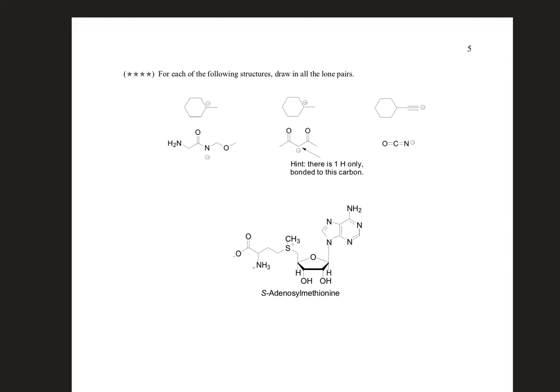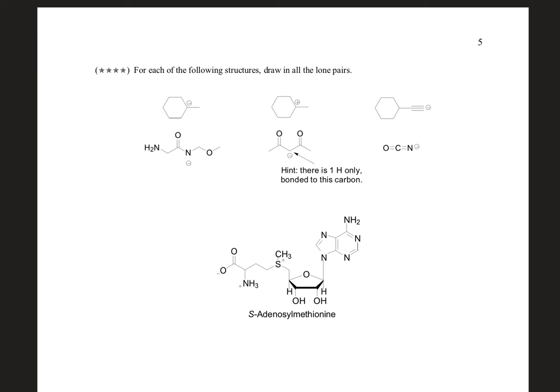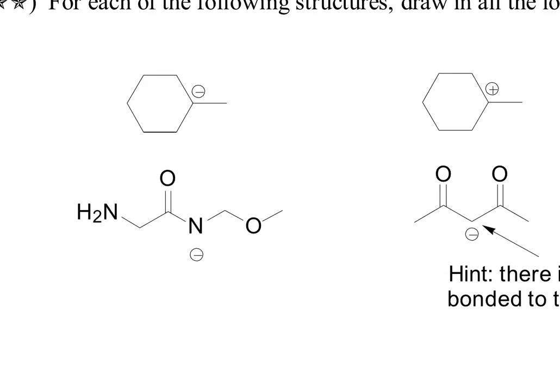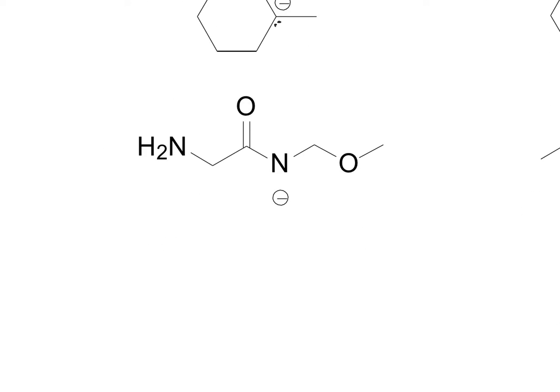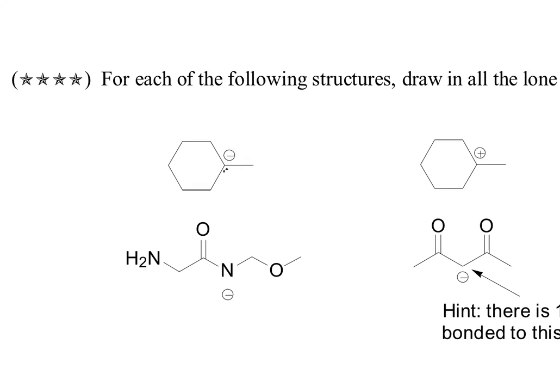All right, final page here. For each of the following structures, draw in all the lone pairs. So carbon with a negative charge, in order to have an octet, you got to have that single lone pair. 4 minus the 3 bonds and the 2 dots, 4 minus 5 is -1. All right.